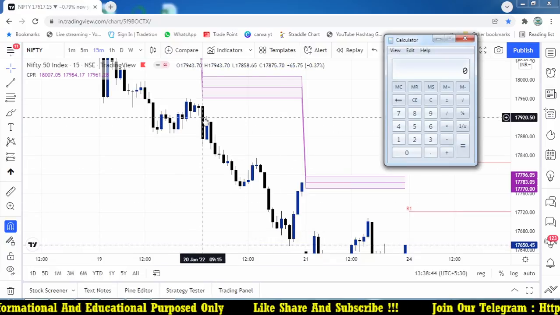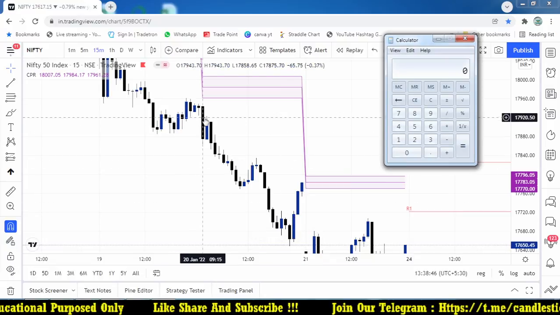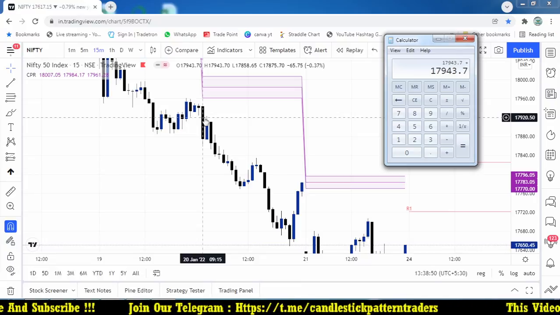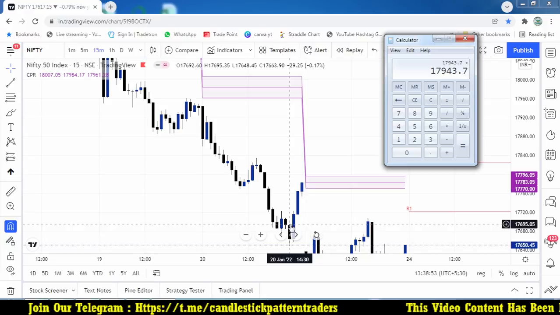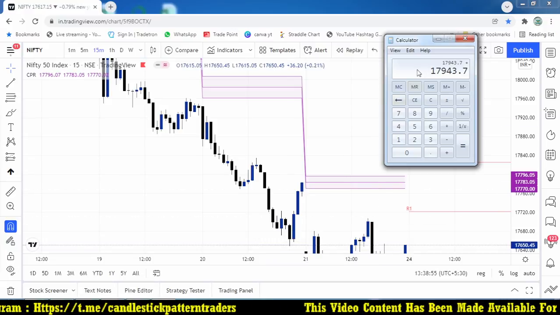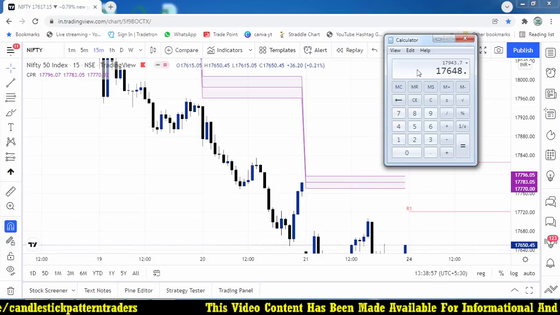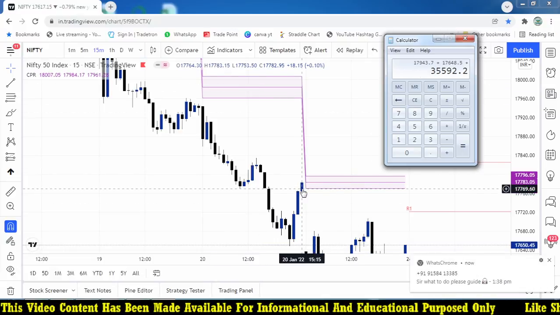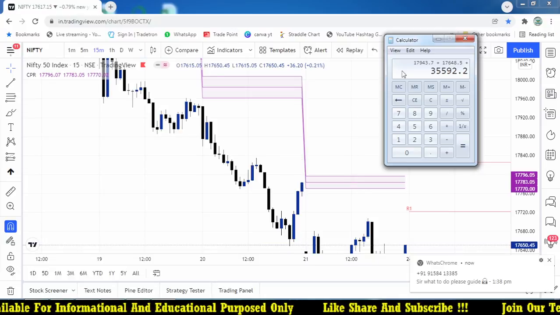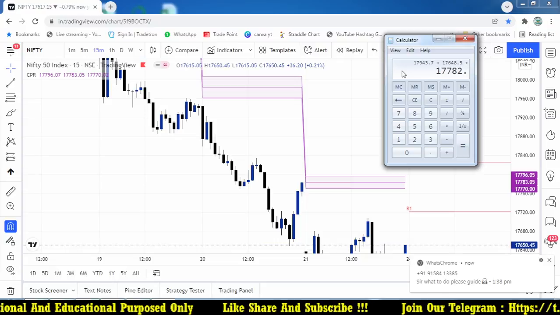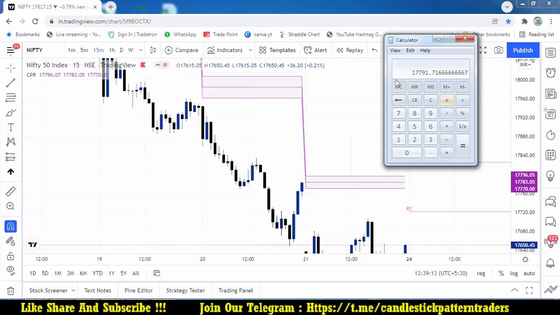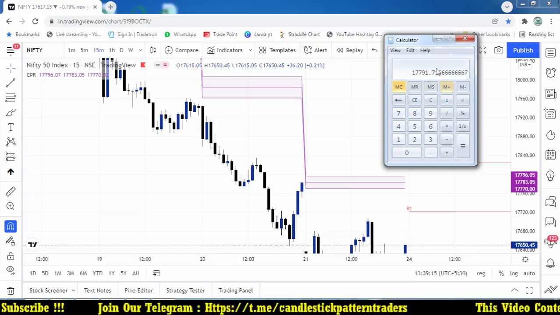The high is 17,943.7, plus the low of the day, around 17,648.5, plus the close price of yesterday, 17,782.95. Divide by 3, we get 17,791, which is the central pivot.